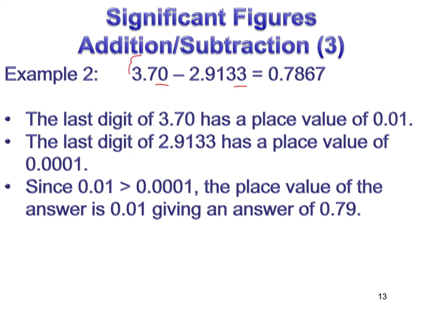So 3.70 has greater place value error in it, and therefore we will round off our answer to 2 digits, that is to the hundredths place value, which is 0.78 rounded up because there's a 6 after the 8 for a final answer of 0.079.